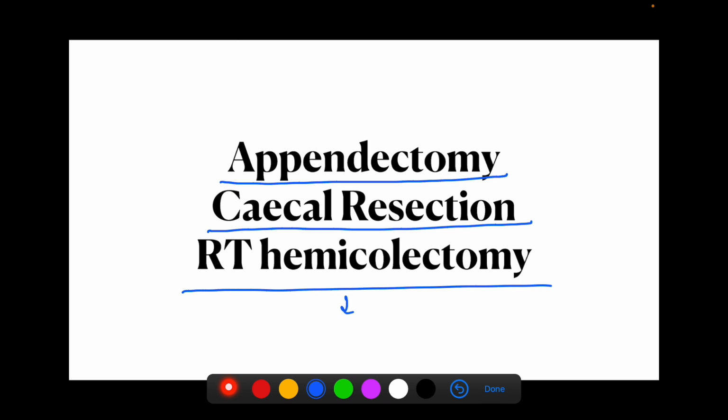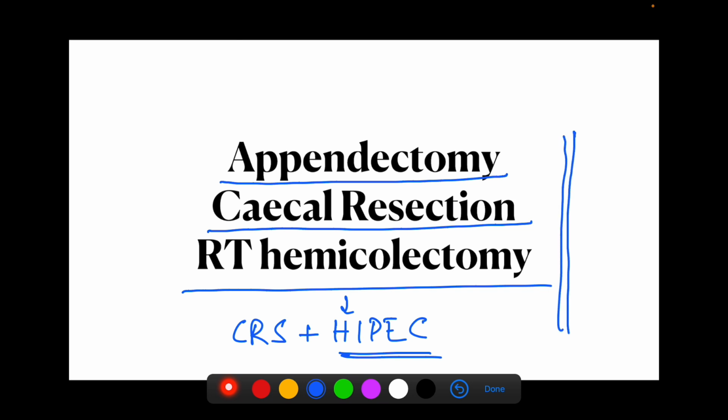Another operation which is nowadays recommended is CRS and HIPEC for appendicular high-grade neoplasms, for appendicular adenocarcinomas with peritoneal spillage, right? So these are the four options which we need to consider in a case of appendicular neoplasms.